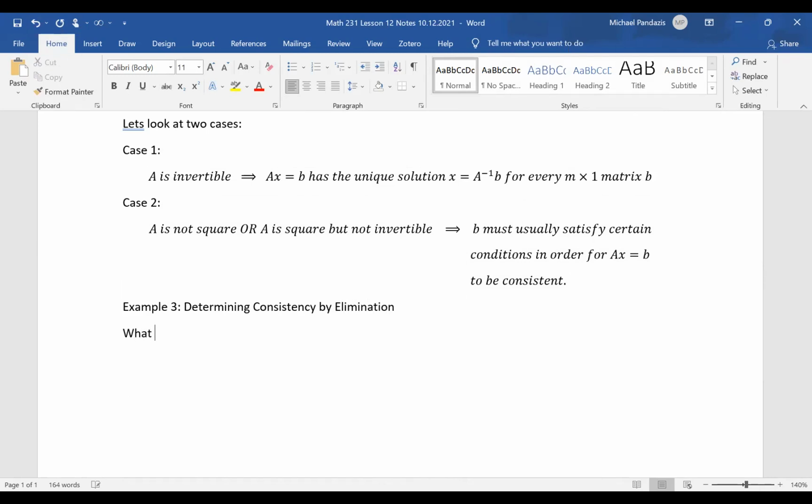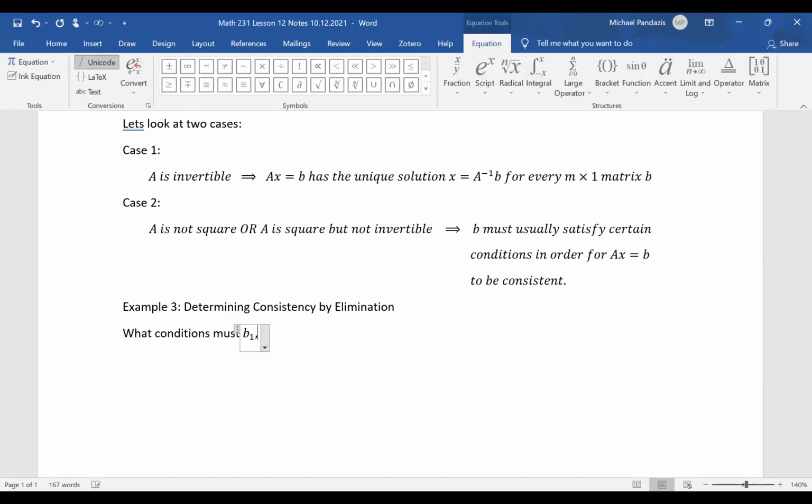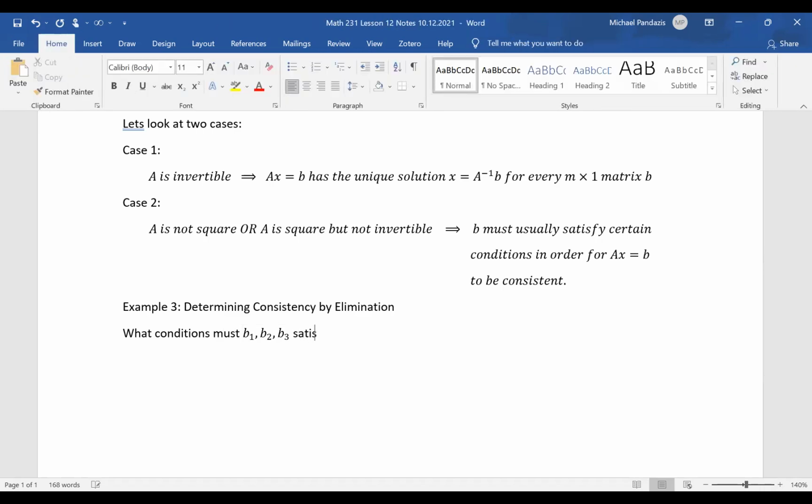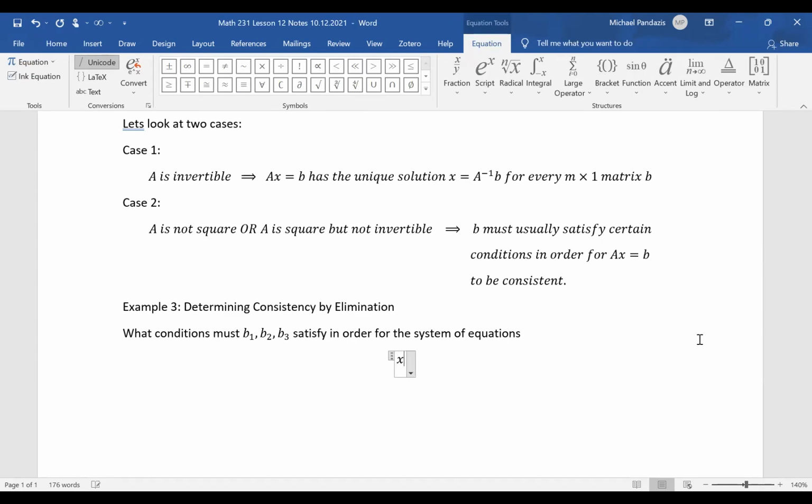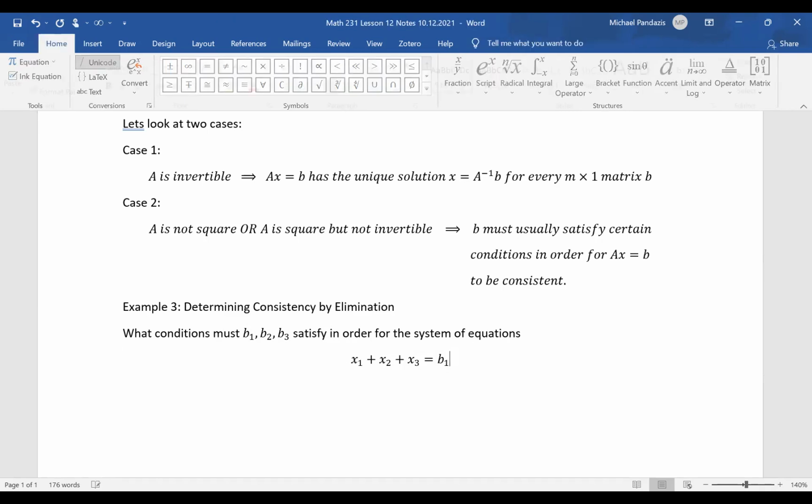The question is, what conditions must b1, b2, b3, all three of them, satisfy in order for this system of equations to be consistent: x1 plus x2 plus x3 is equal to b1.